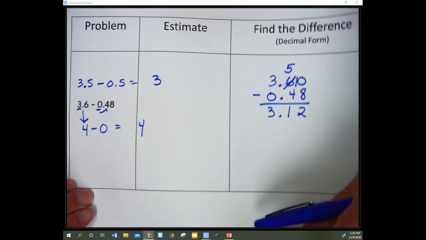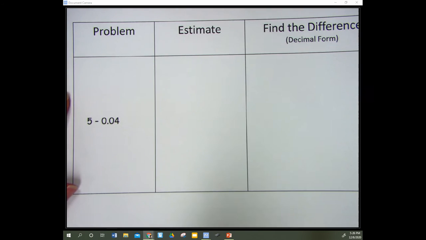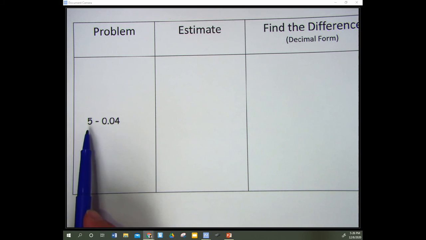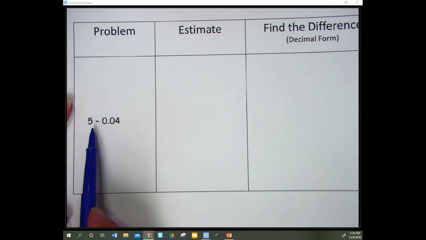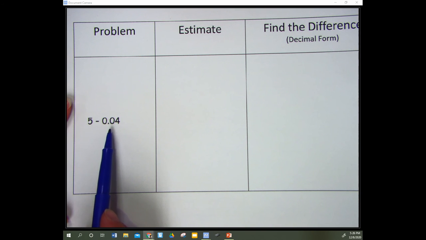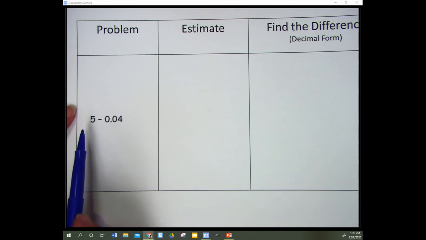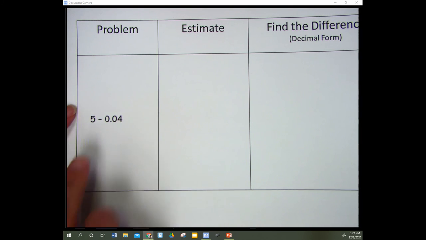Okay, let's try one more. What would your estimate be for 5 minus 4 hundredths? I would suggest picturing 5 grids totally shaded in, and then picturing taking off 4 of those hundredths. Here's my estimate.